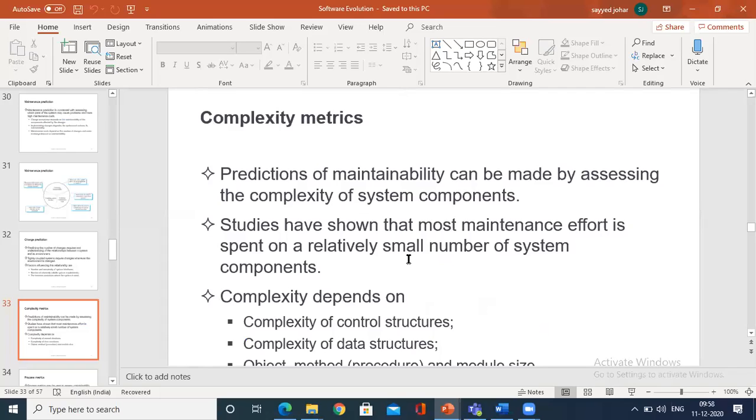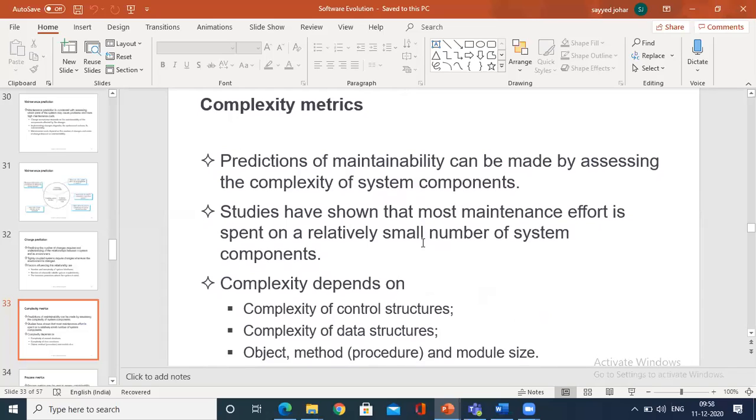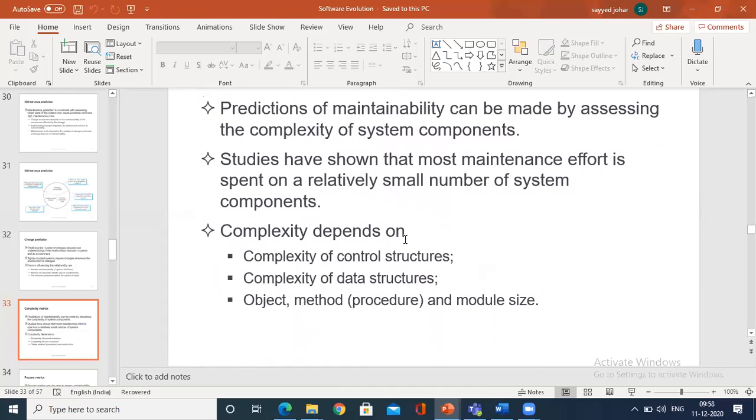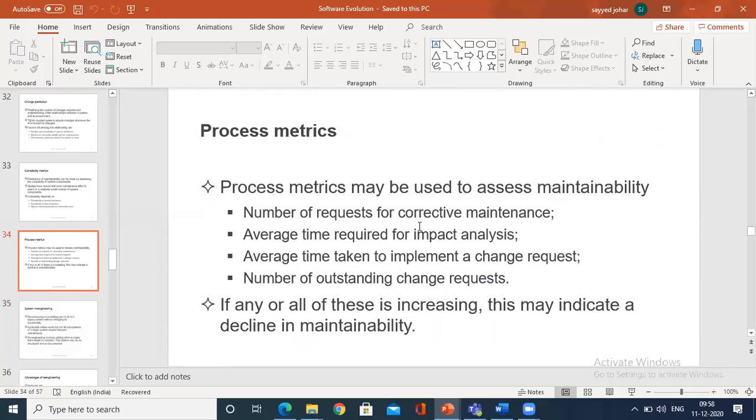That is the number of requests for corrective maintenance, maybe the average time required for impact analysis, and the average time taken to implement a change request. So here are the metrics that I was explaining.